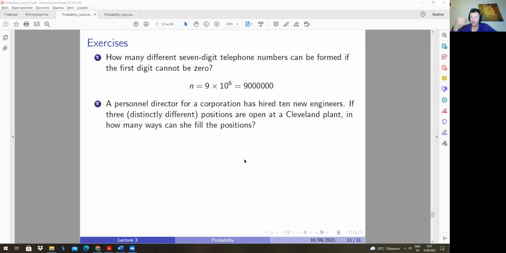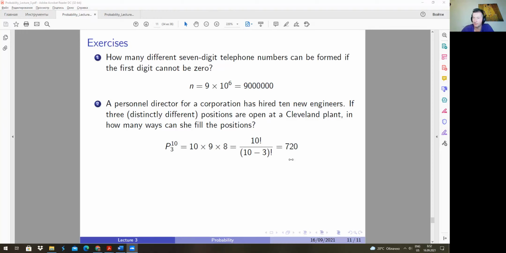If we don't care who goes to which position, it's going to be a combination. But we do care. There are 3 positions, and we really care who goes to the first position, who goes to the second, who goes to the third, which means that we are using permutations. So it's 10 times 9 times 8, which is 720. Those who have this answer were correct.